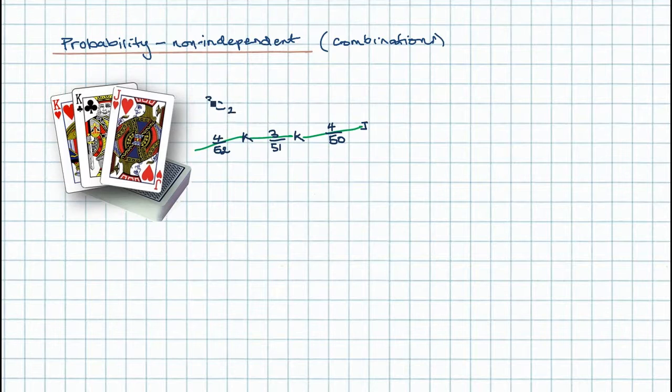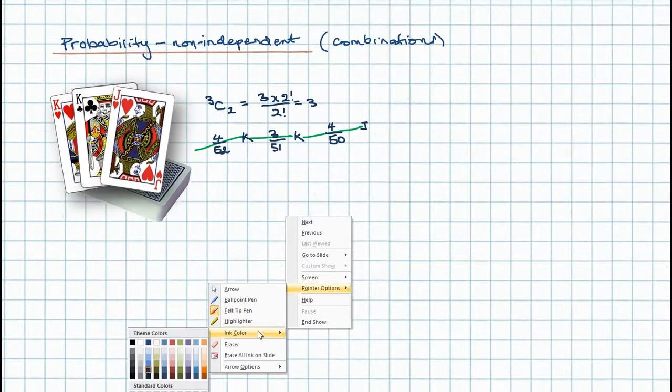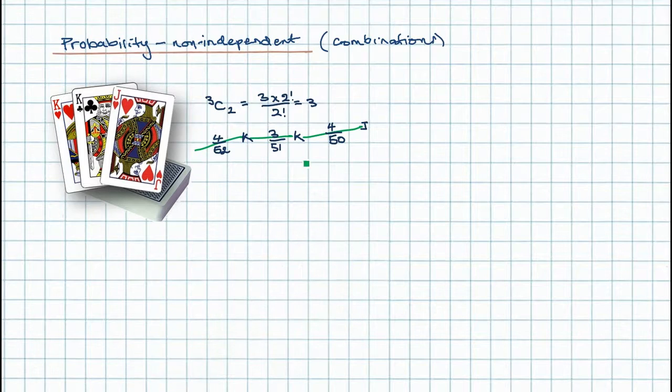So 3 choose 2 equals 3 choose 1, so it doesn't matter which one I calculate. 3 choose 2 is going to be 3 times 2 factorial over 2 factorial times 1, which is equal to 3. So good. So now I know there are only 3 combinations that I need to find here, and those 3 combinations are pretty easy to figure out.